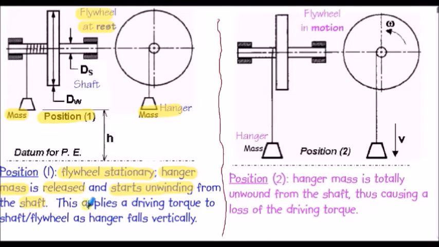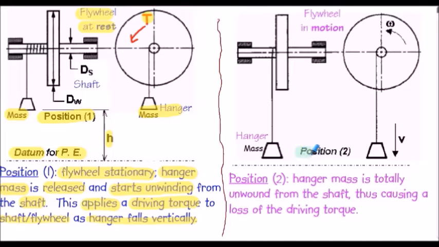This applies a driving torque, labelled T in the diagram, that begins to accelerate the shaft and flywheel as the hanger falls vertically down, through height labelled as H here. Just note for reference that H and S are interchangeable symbols within energy work. And note also that the mass is height H above the datum that we use for calculating potential energy.